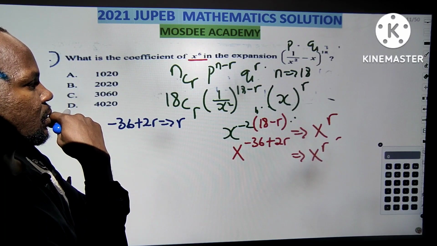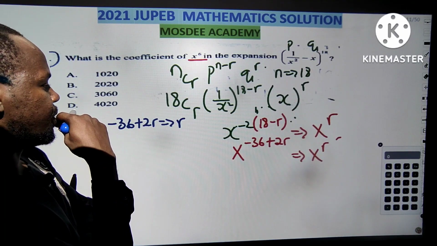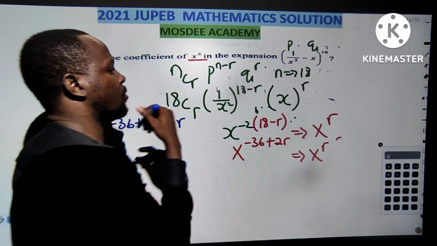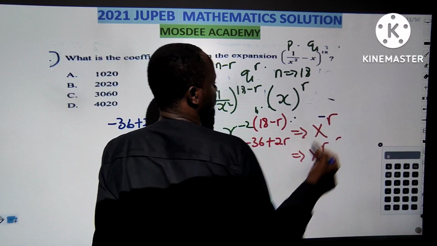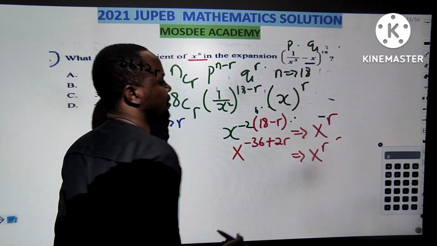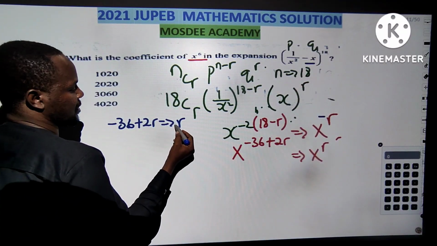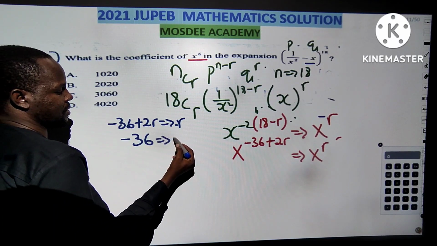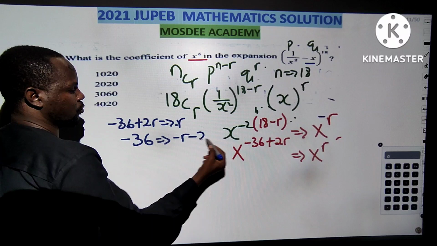So that should be okay. I've seen my mistake, and thank God I was able to see it: this is negative x, not x. So this is negative, and I will have negative 36 equals minus r minus 2r.